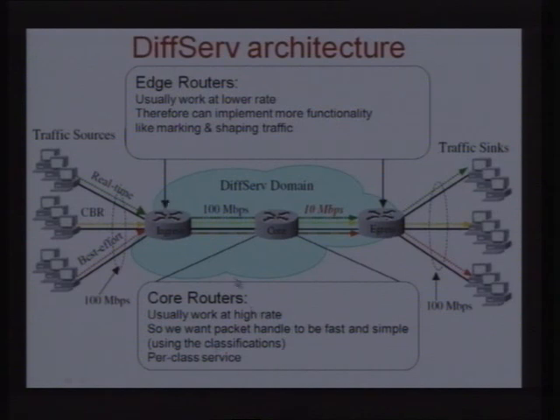The core routers usually work at a very high rate, say 100 Mbps or so, so we would like to have the aggregate behavior implemented there. This means we are offering per-class service in these routers.